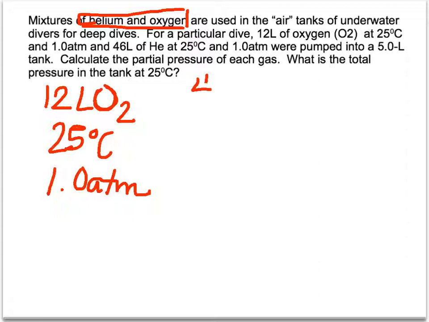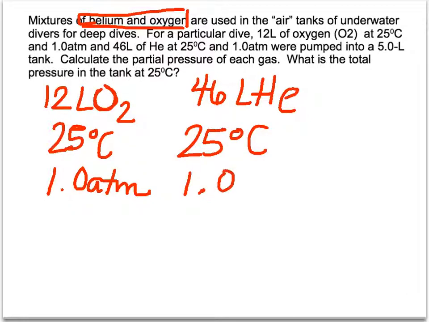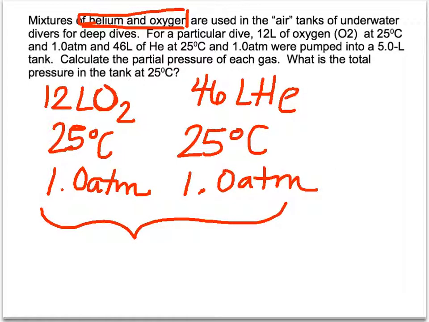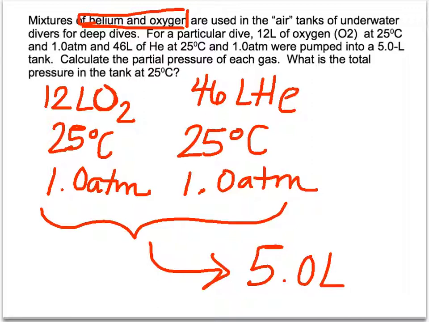And we've got 46 liters of helium at 25 degrees Celsius and 1.0 atmospheres. And we then take both of these and pump them into a 5.0 liter tank. We're going to have to first calculate the partial pressure of each gas, and then calculate the total pressure in the tank at 25 degrees Celsius. This problem is going to take you a bit of space, so make sure you've blocked out some space for yourself to work with.